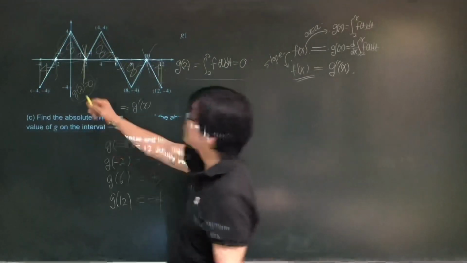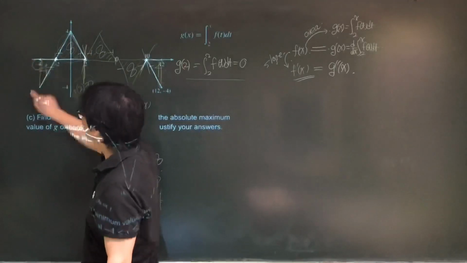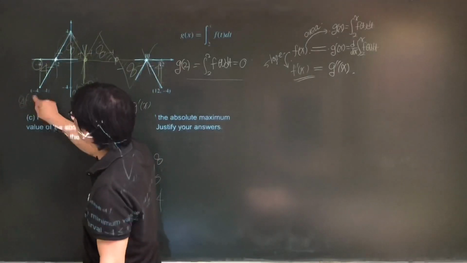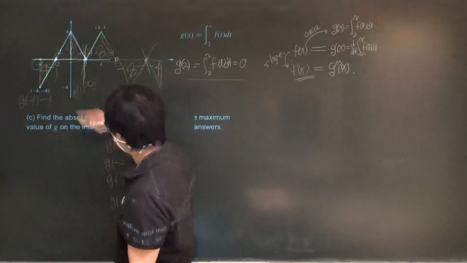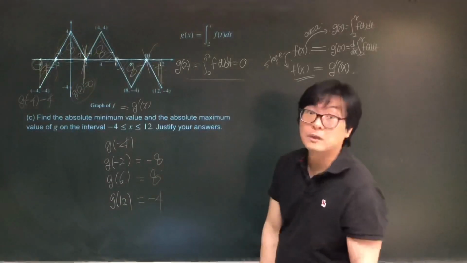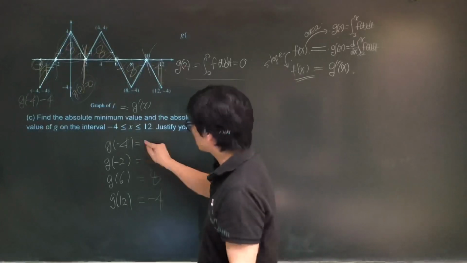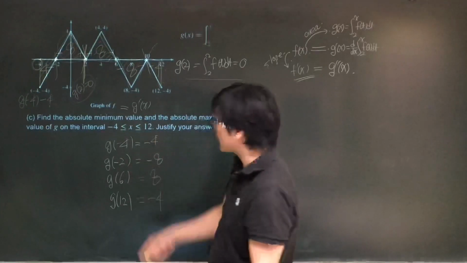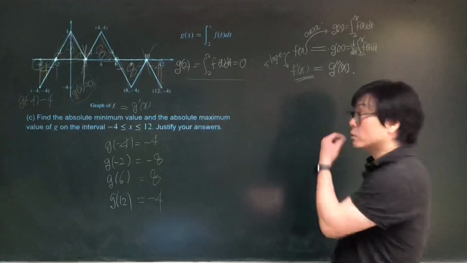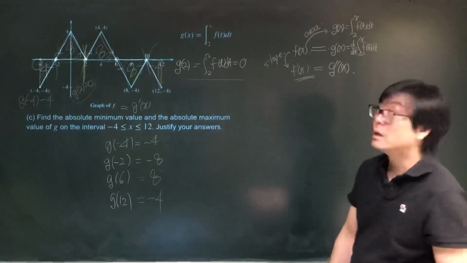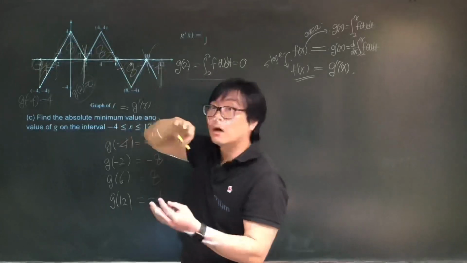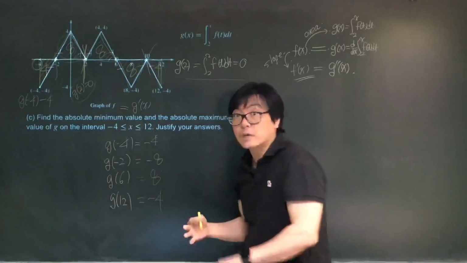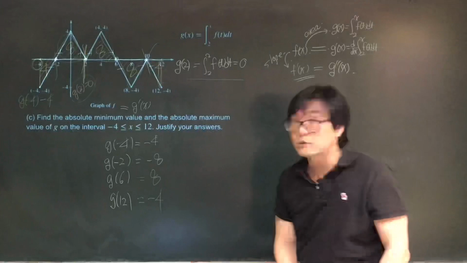And from g of negative 4, if you subtract this area, that will be this value. So this one should be 4 units higher than g of negative 2, so we can find out this value. If you can find out this area of the curve and whether it is adding up or subtracting, then you can get this value easily.